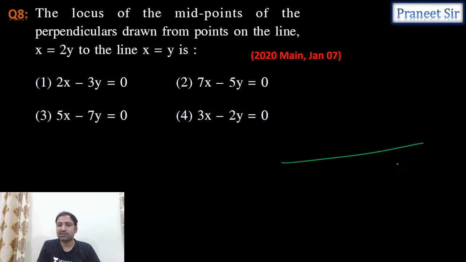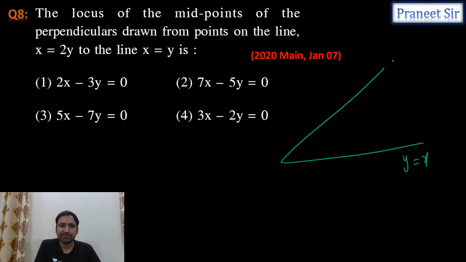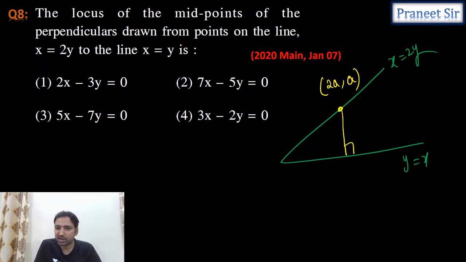Let's take this line. This line is y is equal to x line, and this line is x equals 2y line. And what he is saying is he's taking one particular point. Let's take this particular point as 2a comma a. And from this particular point, we have drawn the perpendicular, and we need to calculate the midpoint locus.